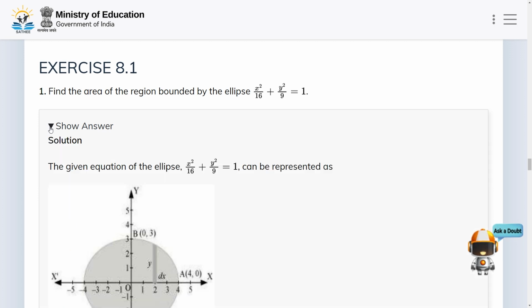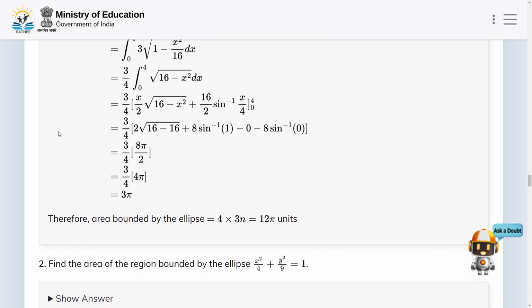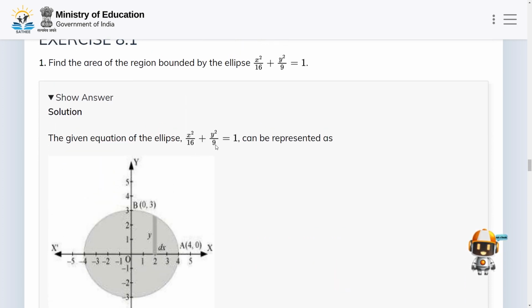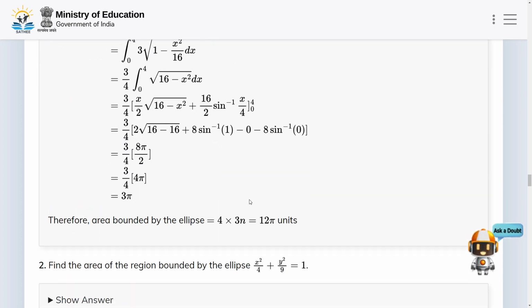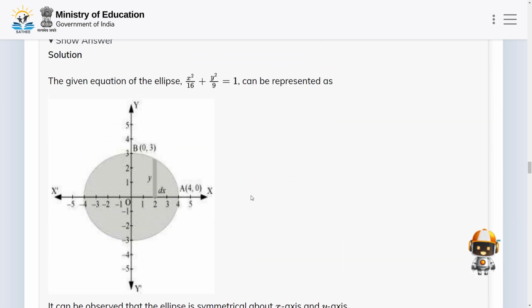Actually, a is 4 and b is 3, not 9, 3. So it will be 4 times 3, which is 12 pi. So 12 pi will be the final answer, but you have to go by the convention, which is to evaluate using the horizontal strip or whatever approach you like.